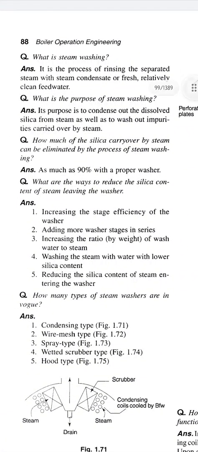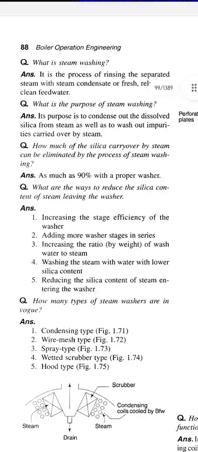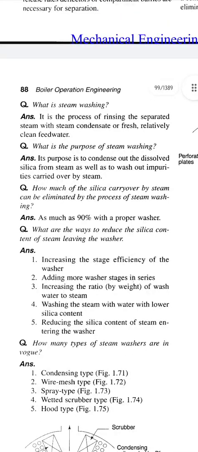What is steam washing? Answer: it is the process of rinsing the separated steam with steam condensate or fresh, relatively clean feed water. Again, what is steam washing? It is the process of rinsing the separated steam with steam condensate or fresh, relatively clean feed water.